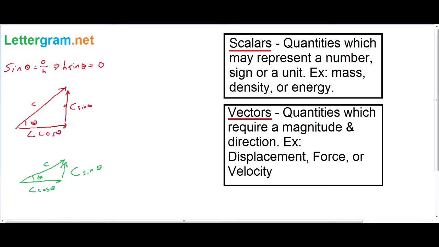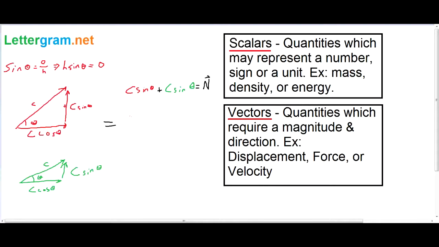So, since we have C sine theta, now remember this is the red one, going in the north direction, we'll add it to C sine theta going in the north direction, so both vectors will be equal to the north vector.